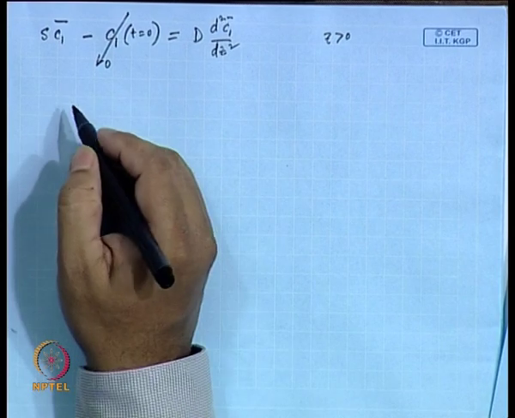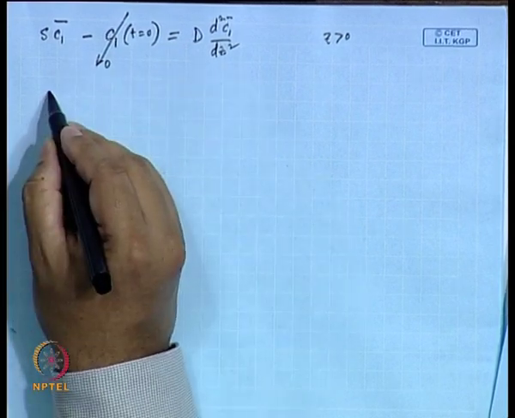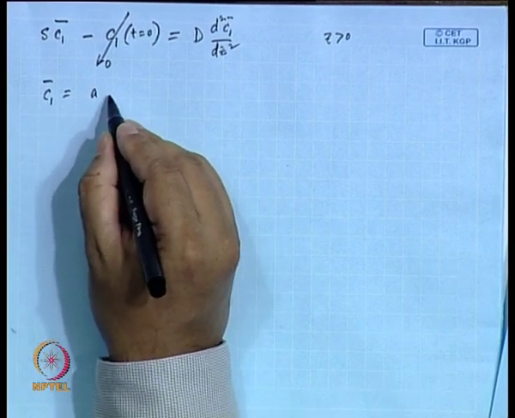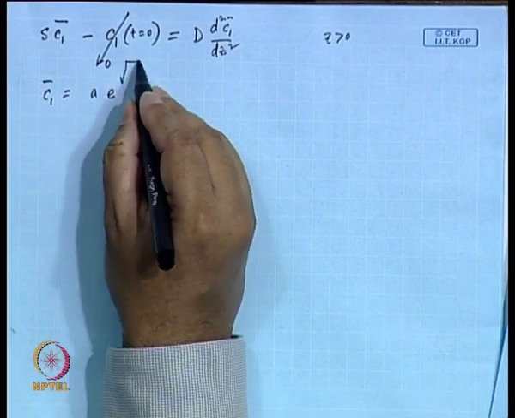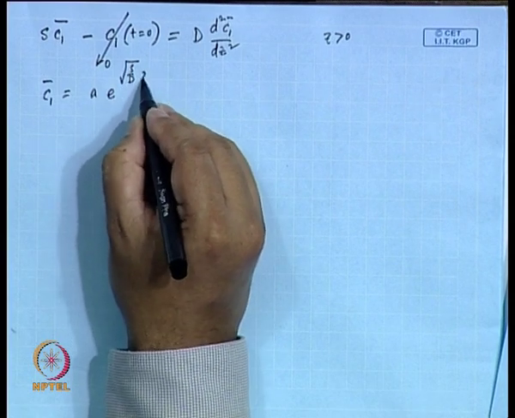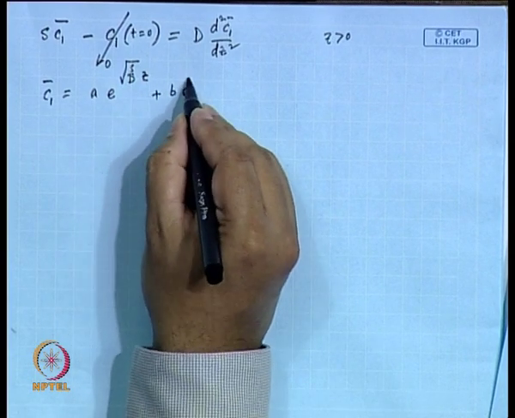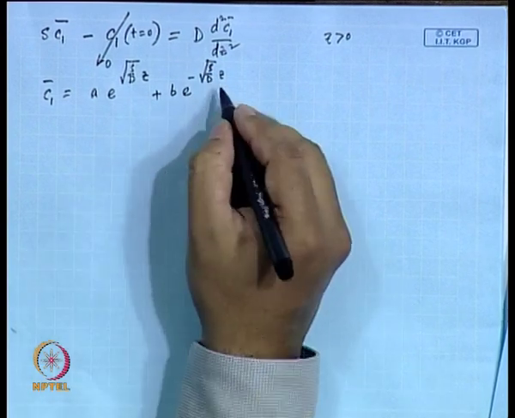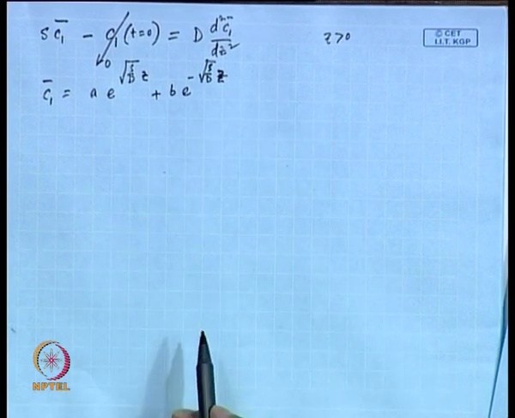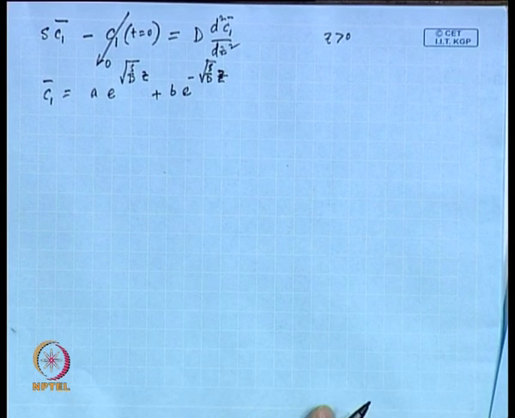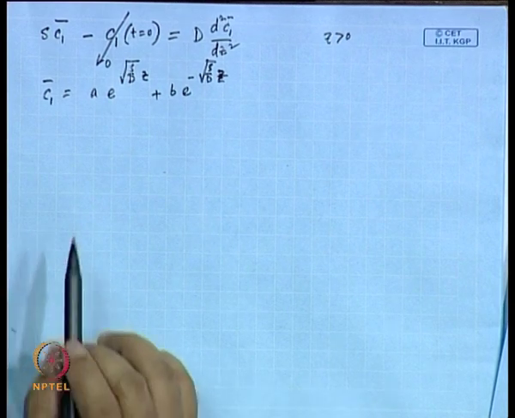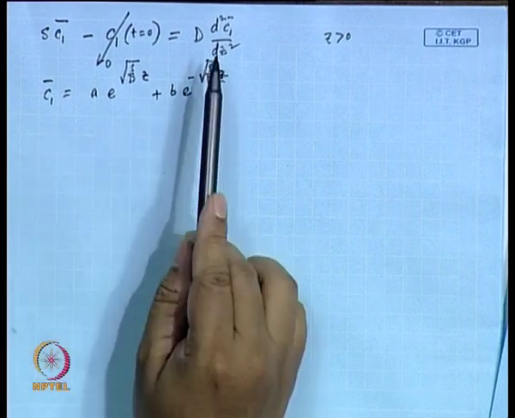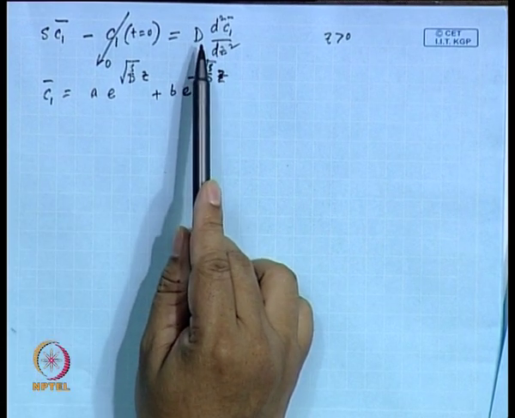Then if you solve this, what you get is C1 bar equal to some constant A times e to the power square root of s by D into z, plus some constant B times e to the power minus square root of s by D into z. You remember that general solution: it is basically C1 e to the power mx plus C2 e to the power minus mx, that form.